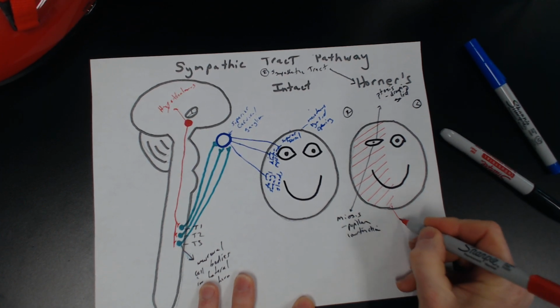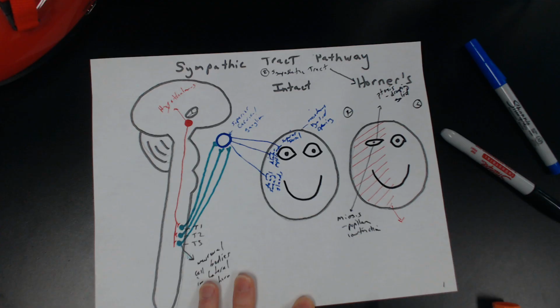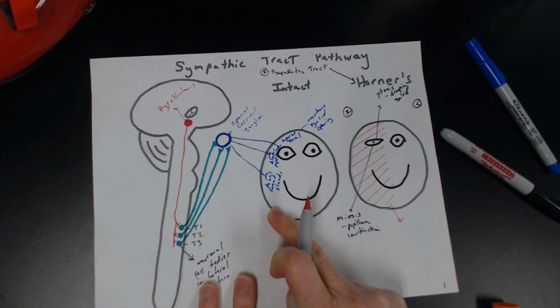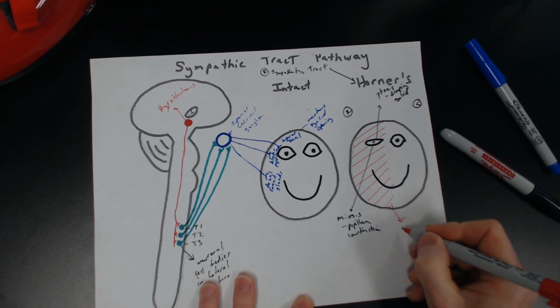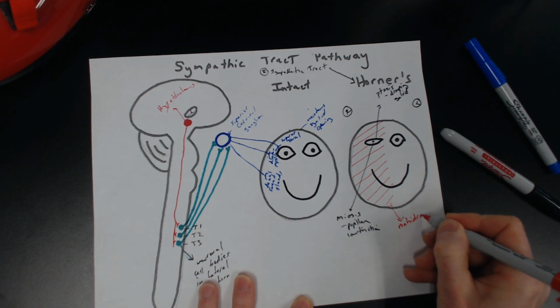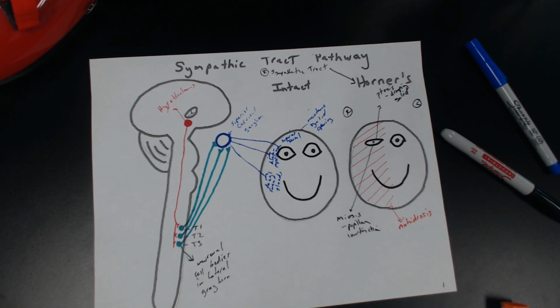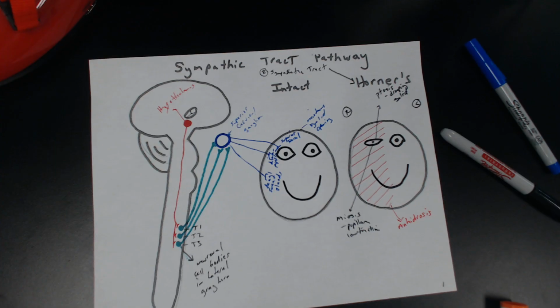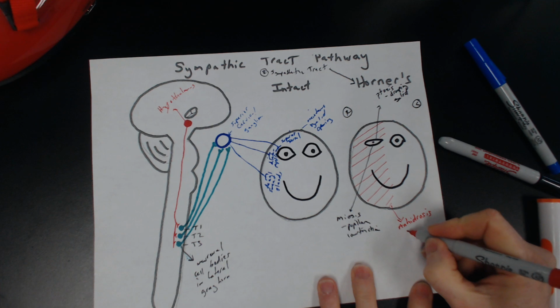This is due to the lack of innervation to the facial sweat glands, and this is known as anhidrosis. So with anhidrosis, your face gets hot and red, and there's no sweat to cool you down. The anhidrosis is due to lack of facial sweat.